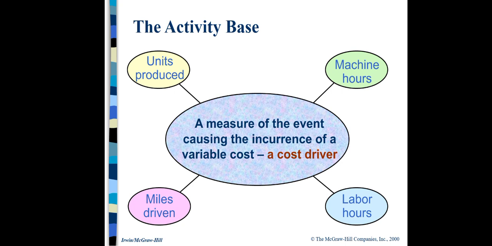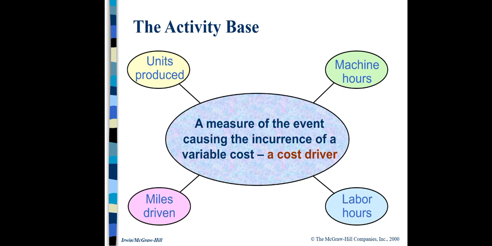Jadi misalnya lagi machine hours. If we want to calculate the depreciation of the machine, we must know how many machine hours were used. Jadi berapa jam mesin yang digunakan untuk beraktivitas. Nah, itu kita bisa mengetahui berapa depresiasinya dari machine hours.